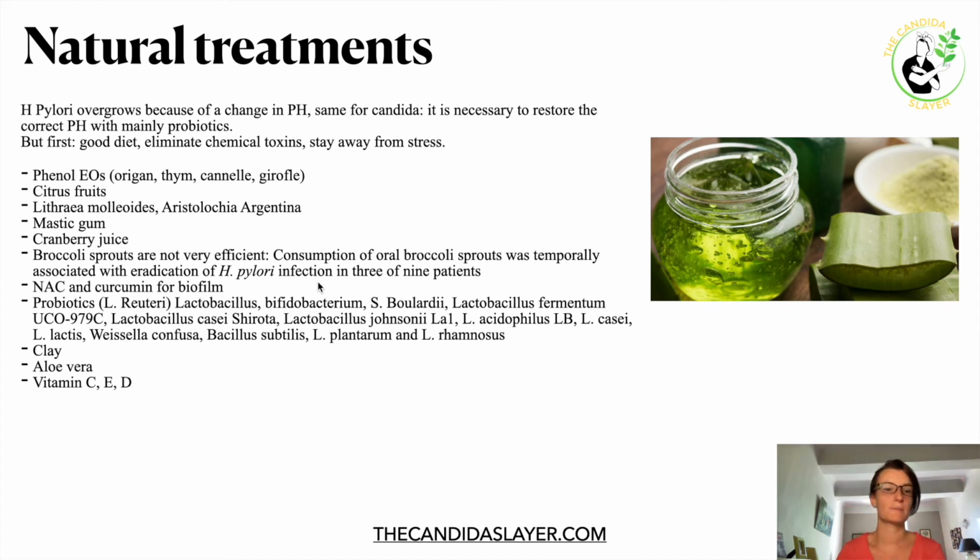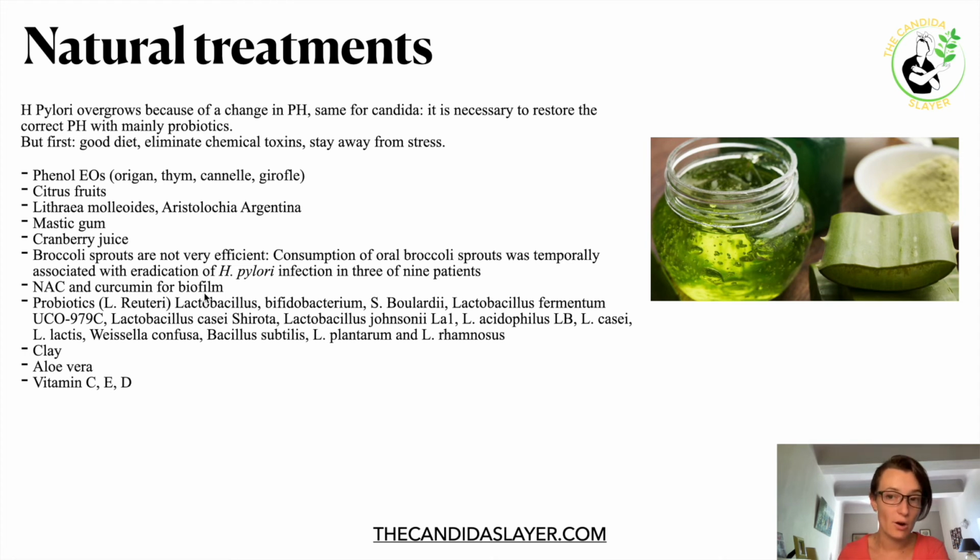Please go watch it. Some studies talk about NAC and curcumin for getting rid of biofilms. Okay, so here again, same story as if you have candida overgrowth. To get rid of candida, you need to rebalance the pH of your gut, as we said before.